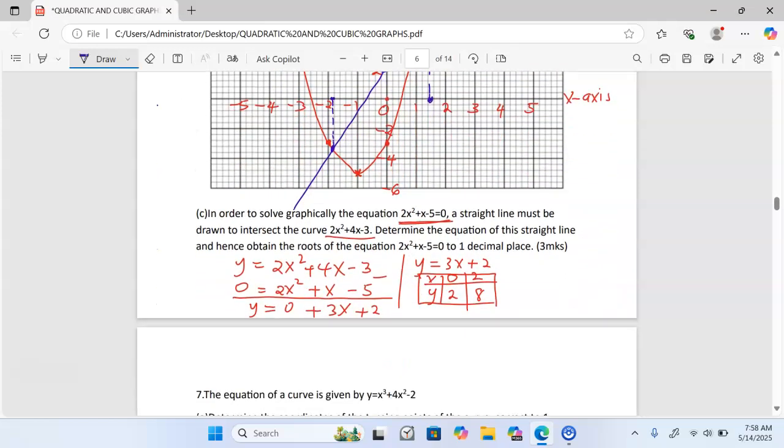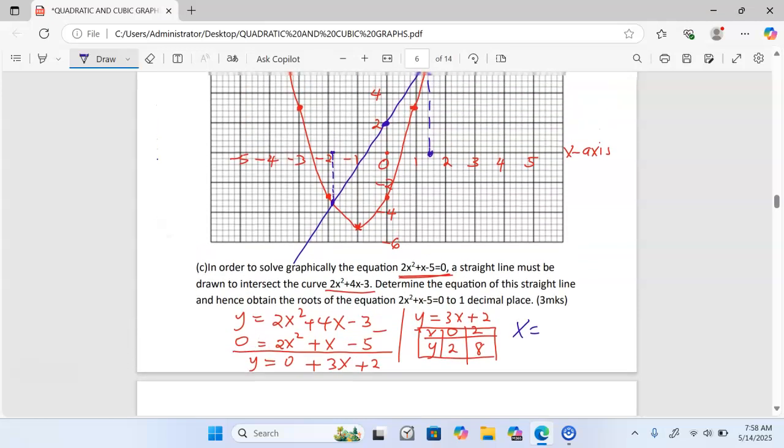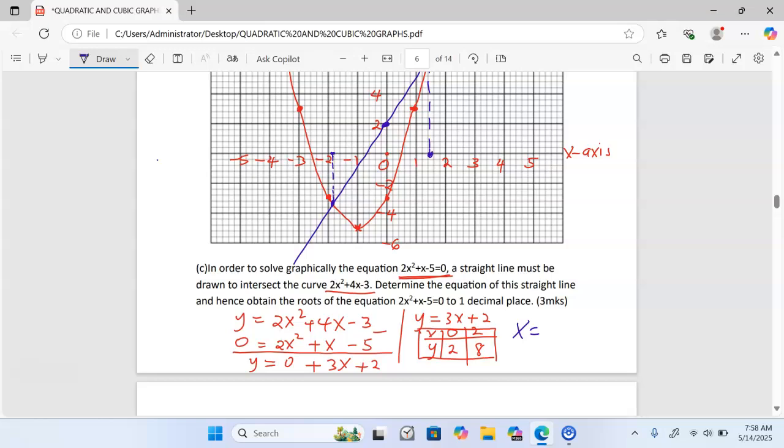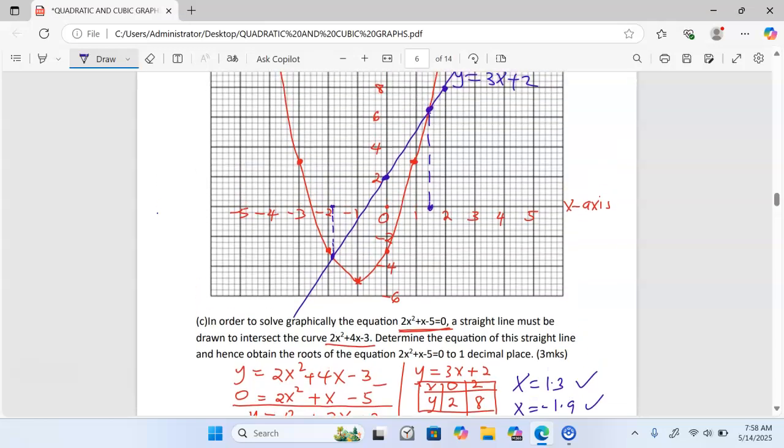Therefore, the first value of x is going to be around 1.25, which is approximately 1.3, and the other value of x is going to be negative around 1.9. Those are the two values of x at the points where the curve and the line intersect.